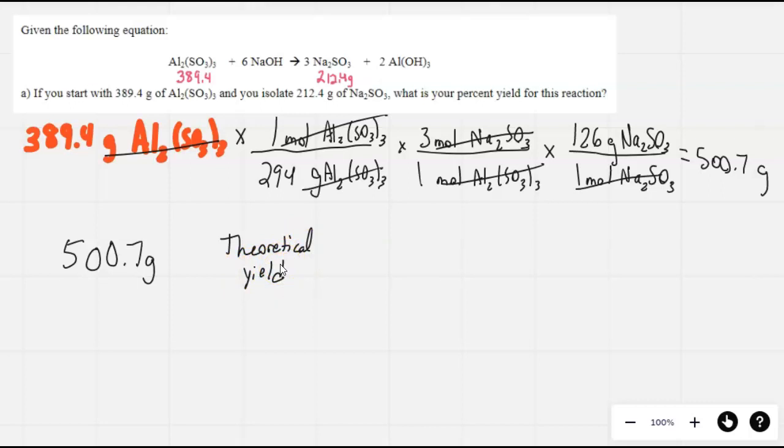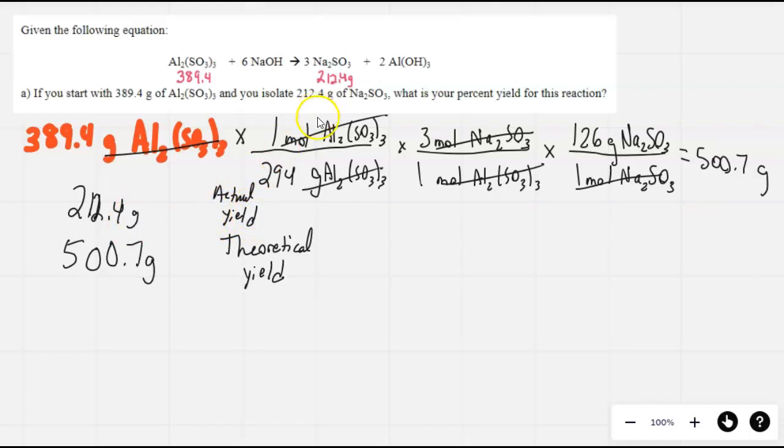389 is what I started with. My yield is on the product side, the 212.4. So my actual yield, whoops, 212.4 grams. Actual yield.